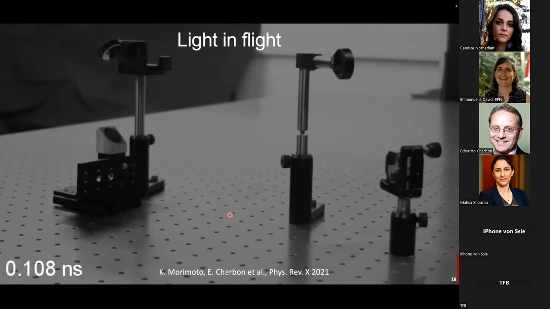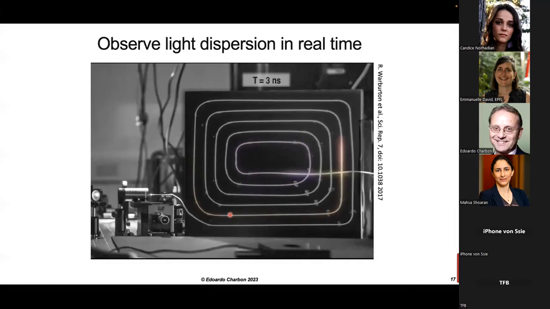Here you can see the whole propagation of a total of about a meter in a very short amount of time, 6 nanoseconds or so. This is another very interesting example of light propagating in a fiber, and then you can see the dispersion as it propagates. This is a very interesting phenomenon that can actually be used as a spectrometer.